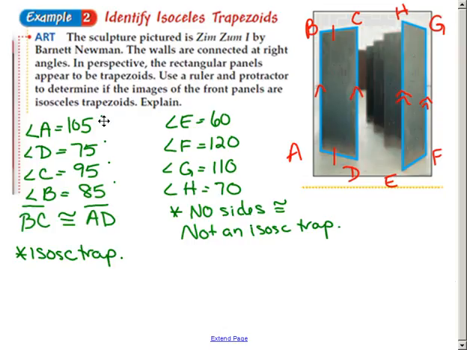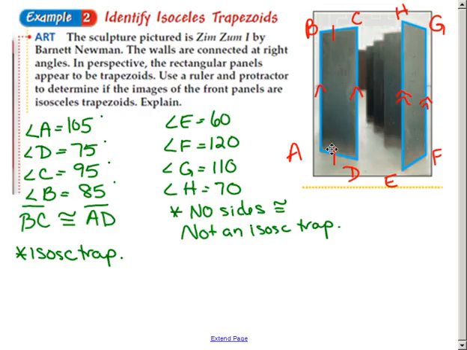If we look at our measurement for angle A and we add it to angle D, those are supplementary angles. If we look at our measurement for angle B and C, these are also supplementary angles, therefore making our segment AB parallel to CD. So that's how we're getting a trapezoid, one set of parallel sides. It's isosceles because our measurements for our segments BC is congruent to AD.